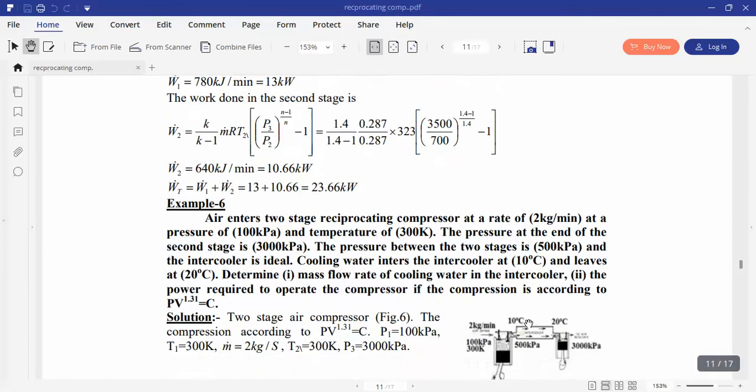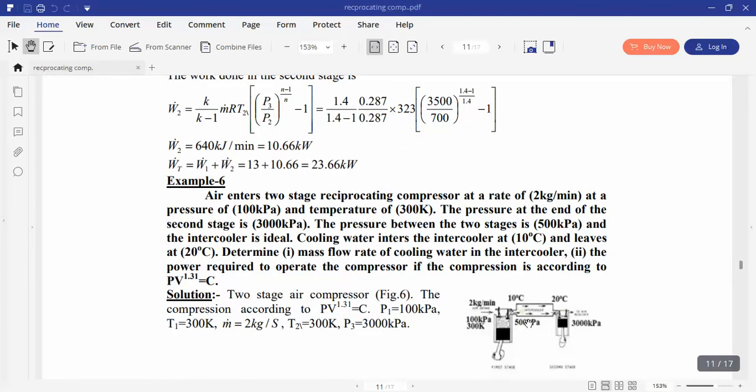The water enters the intercooler at 10 degrees centigrade and leaves at 20 degrees centigrade. It is to determine the mass flow rate of water in the intercooler and also the work required to operate the compressor.